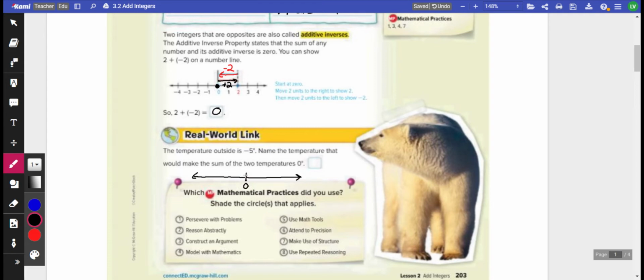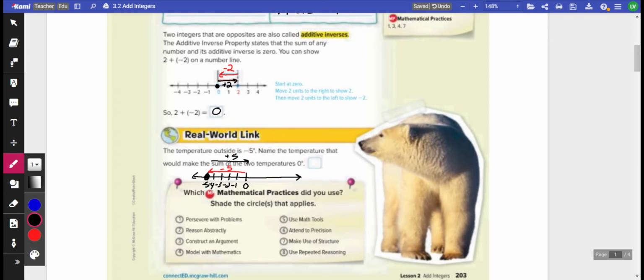If I have 0, and I want to go to -5, that's going to the left on my number line. So I'm subtracting 5 to begin with. So if I want to do the inverse and get back to 0, that means I'm going to add 5.